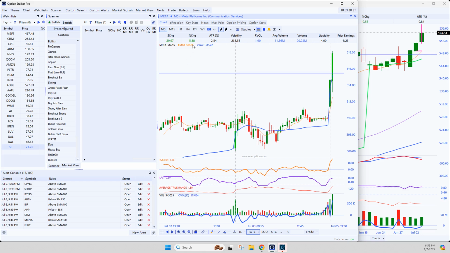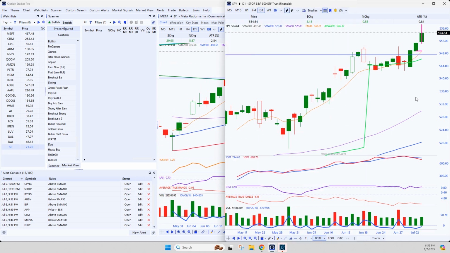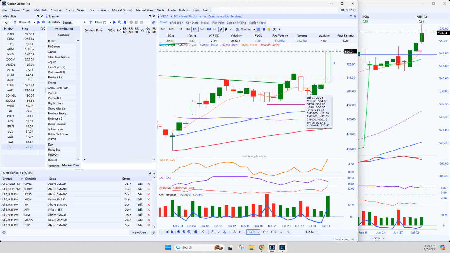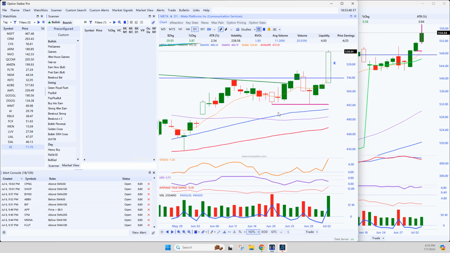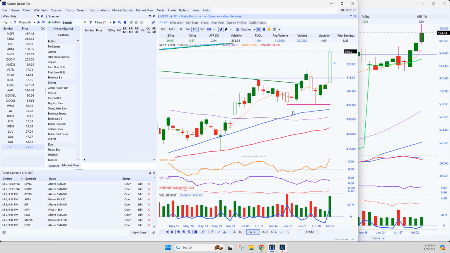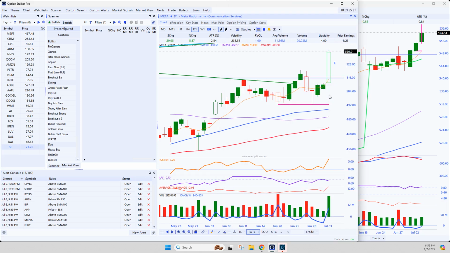But looking back, SPY and Meta are doing very similar actions. So Meta's kind of following what SPY's doing to the T. And so in a way, I'm not following the system when I'm trading this.